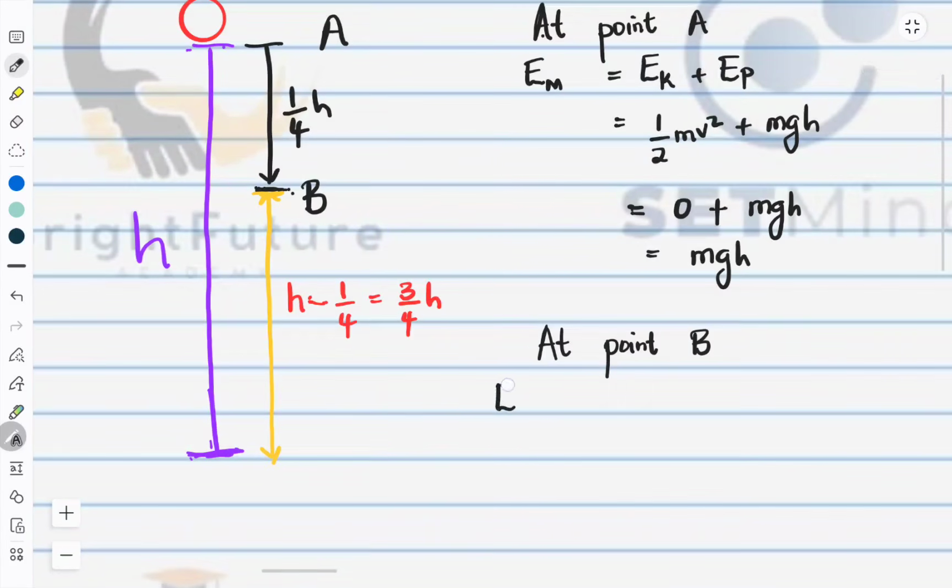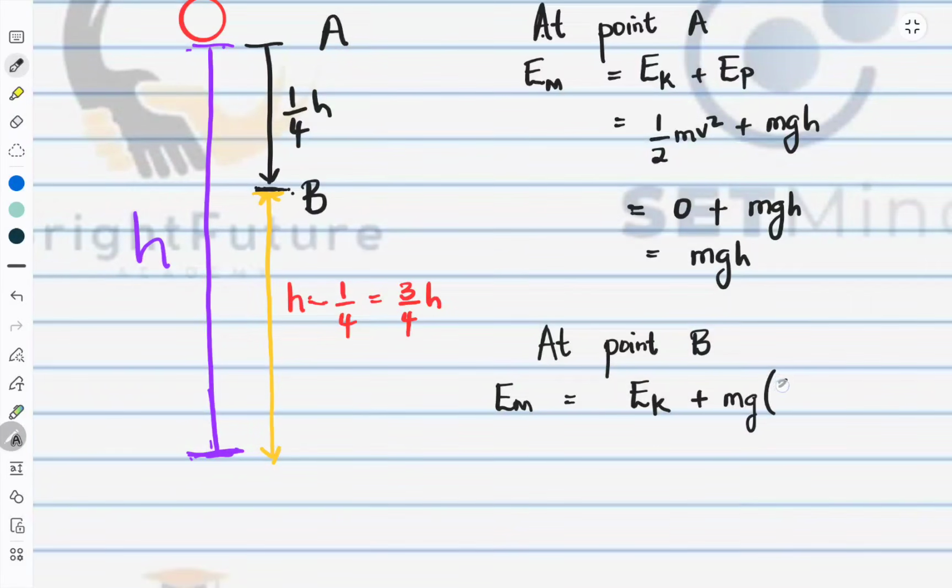Then our EM, mechanical energy, is still kinetic energy plus potential energy, right? We don't know what the kinetic energy or the velocity is, so let's call it EK, but we can substitute for the potential energy, mgh.